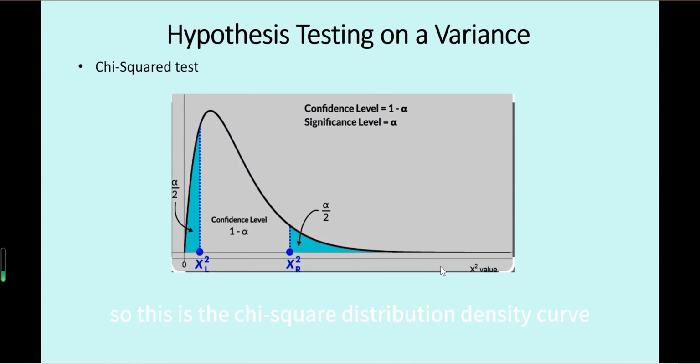This is the chi-square distribution density curve. For the two-tailed test at alpha level, there are two blue areas. If the test statistic from the sample is located in either blue area, it will be significant. We will reject H0 in favor of the alternative hypothesis.